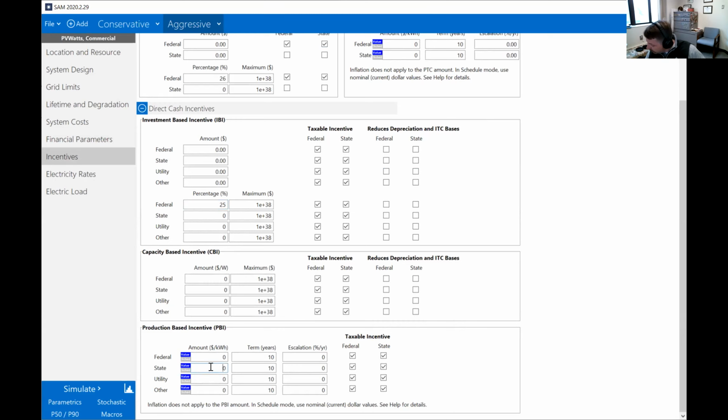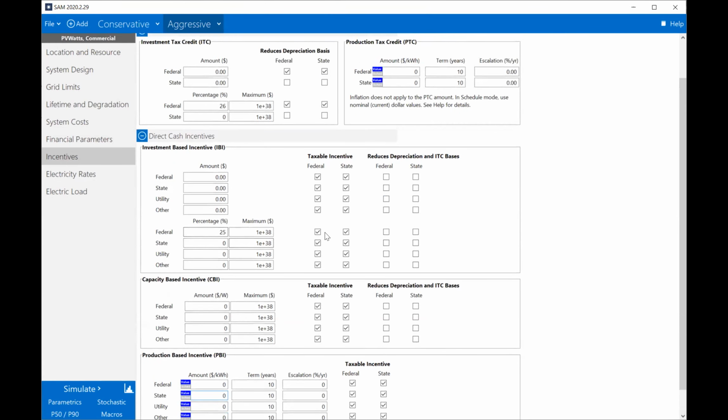John, go ahead, Eric. Not that I'm suggesting that we model this, but maybe just to point out that it is a function that's available. We talked about the USDA REAP grant. If you are successful in getting that, you're going to pay income taxes on it, right? That's ordinary taxable income.